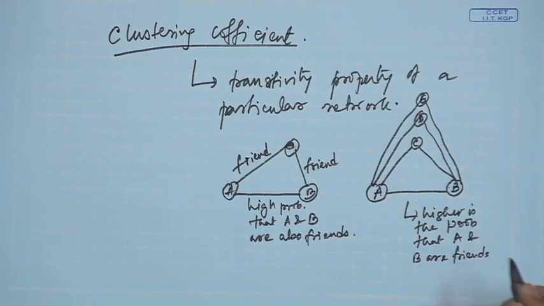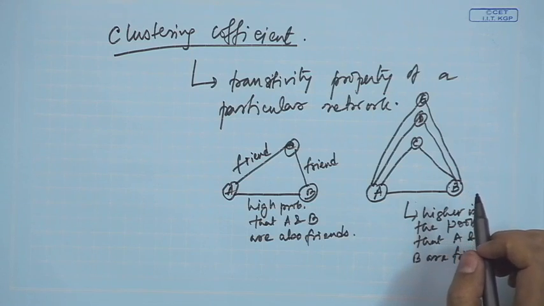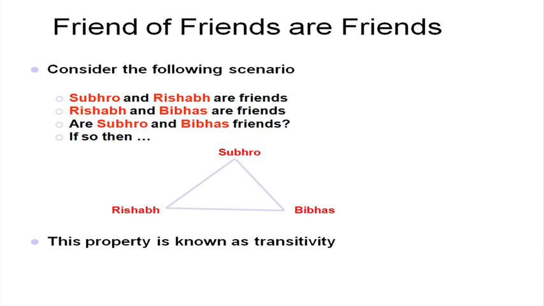So, this idea is called the transitivity of a particular social network, and this transitivity can be quantified using something called the clustering coefficient that we will define now.